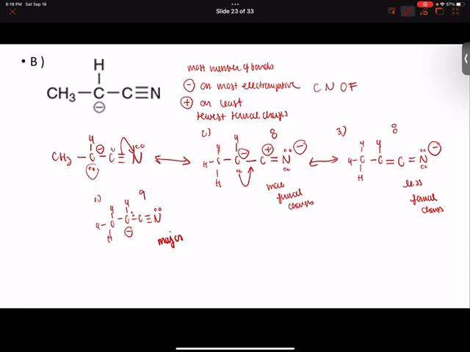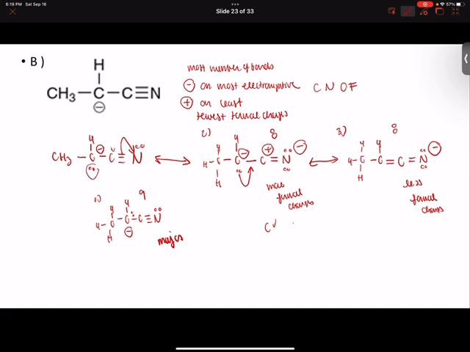We already looked at the number of bonds and which one has more or fewer formal charges. We don't have any positive charges to look at, but we do have a negative charge. This one does have a positive charge, and it's on a carbon, which is nice. But then we have to look at this.